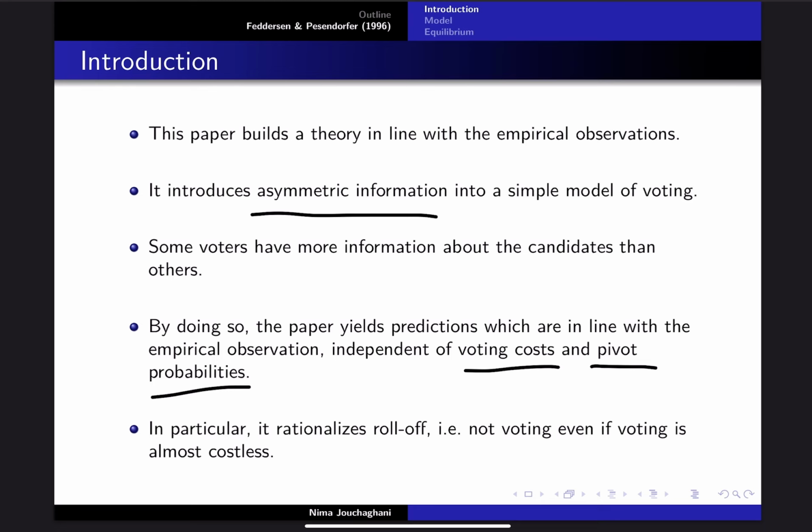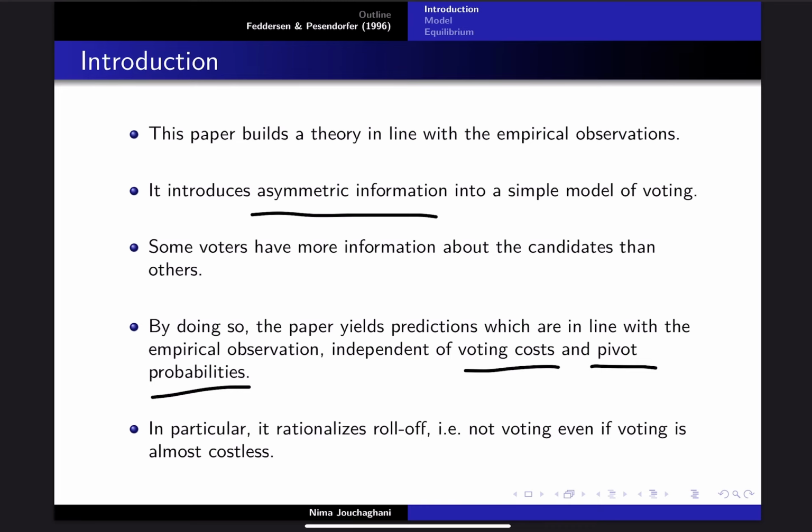Those are two things which models before this paper used to rationalize the absence of voters. The absence of voters was explained by voting costs and pivot probabilities.